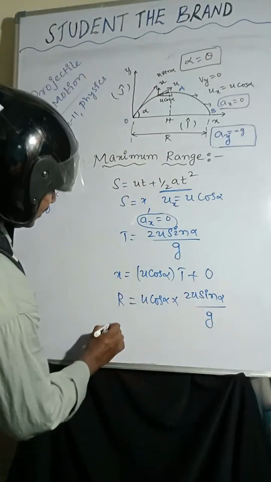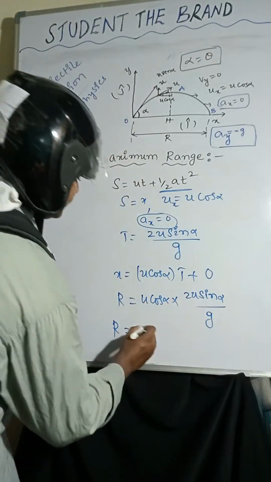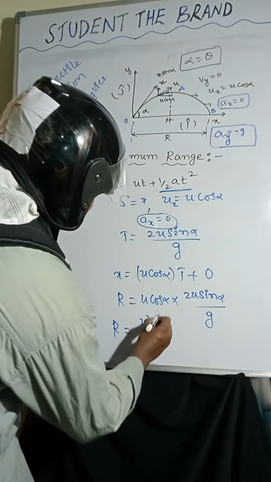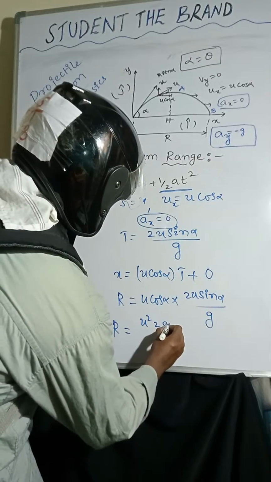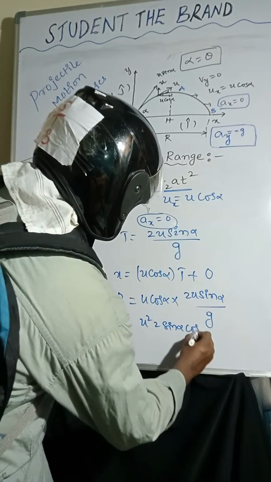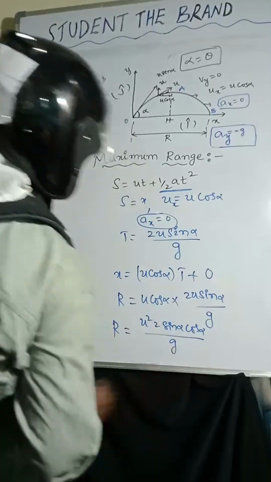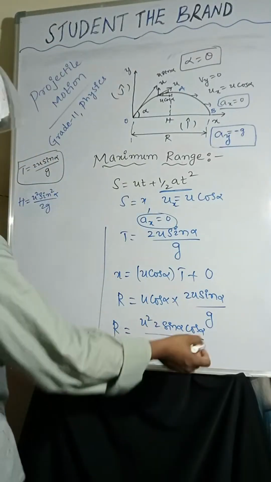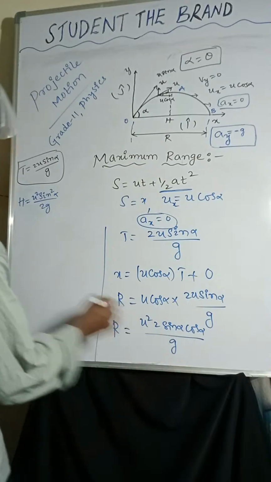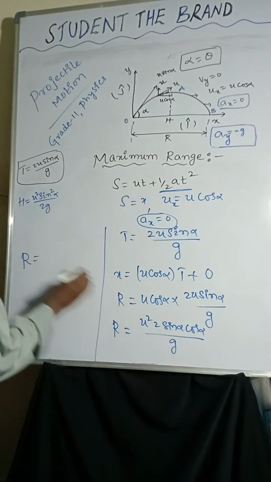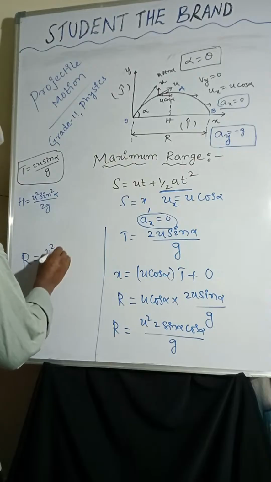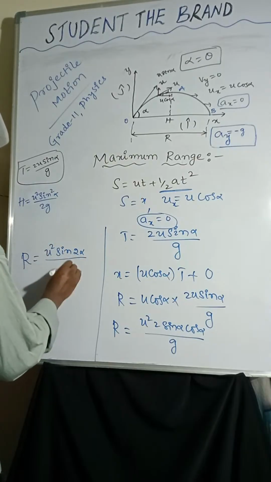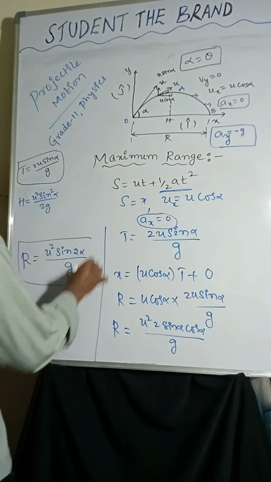So R equal to u square 2 sin alpha cos alpha by g. That is nothing but sin 2 alpha. So 2 sin alpha cos alpha equal to sin 2 alpha. So maximum range equal to u square sin 2 alpha by g. Okay, so this is the formula.